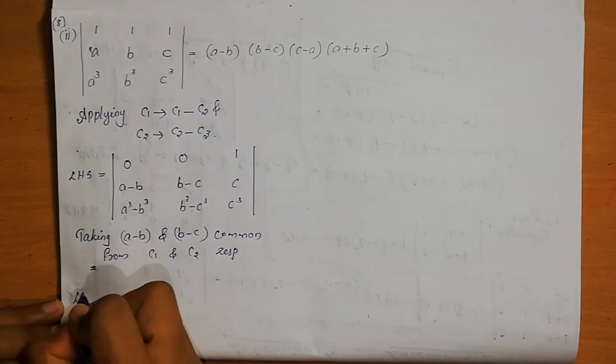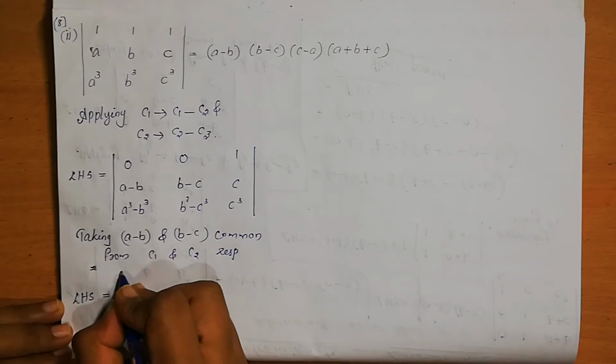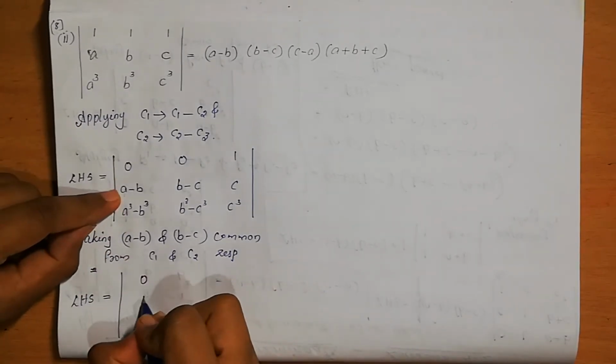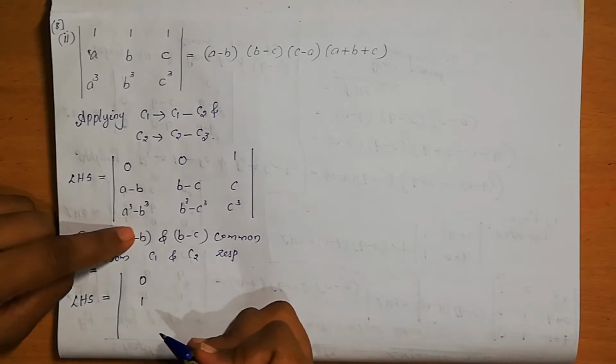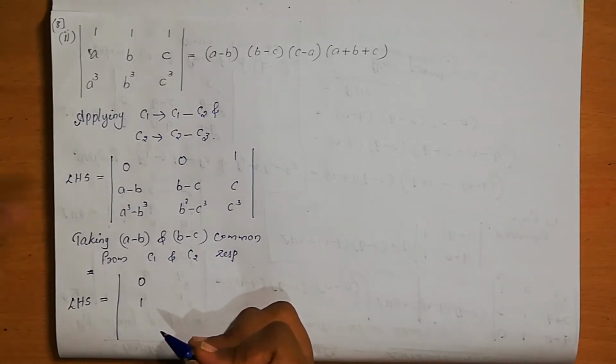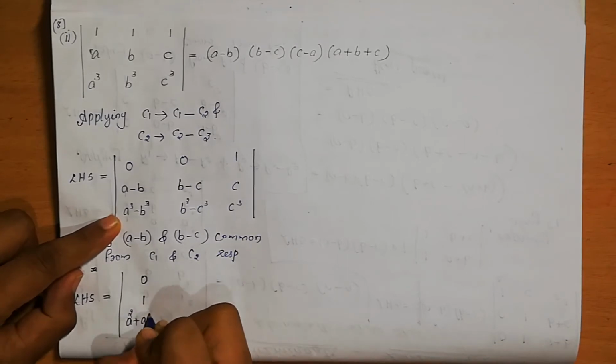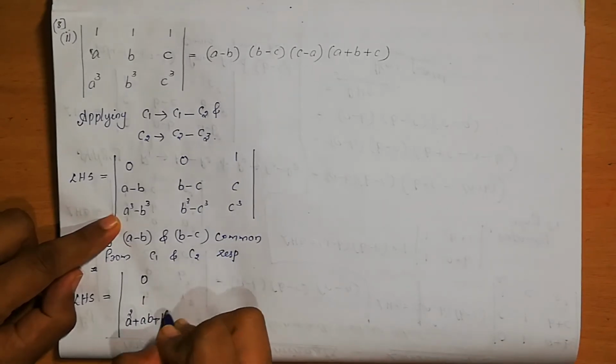So the LHS becomes: 0, and since a − b is common, 1. In the a cube minus b cube expansion, a − b is common, so what remains is a square plus ab plus b square.